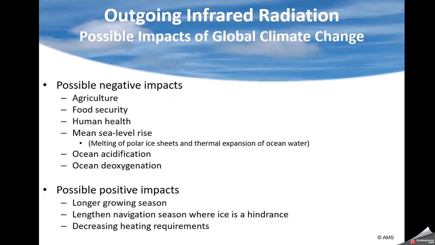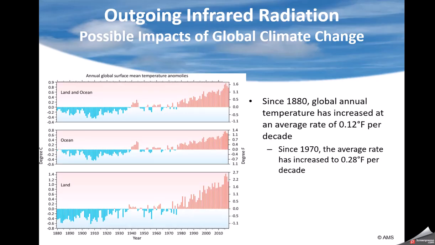So, like you say, there are both positive and negative impacts of the greenhouse effect. But overall, the negative impacts are winning out, unfortunately. And here you can actually see the anomalies we've had in temperatures. Really, the land and the ocean combined have taken off since the 1970s.